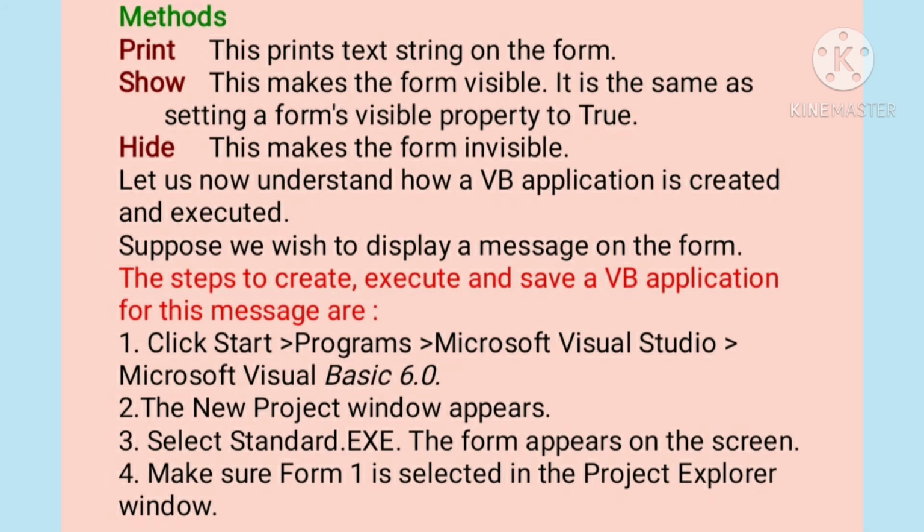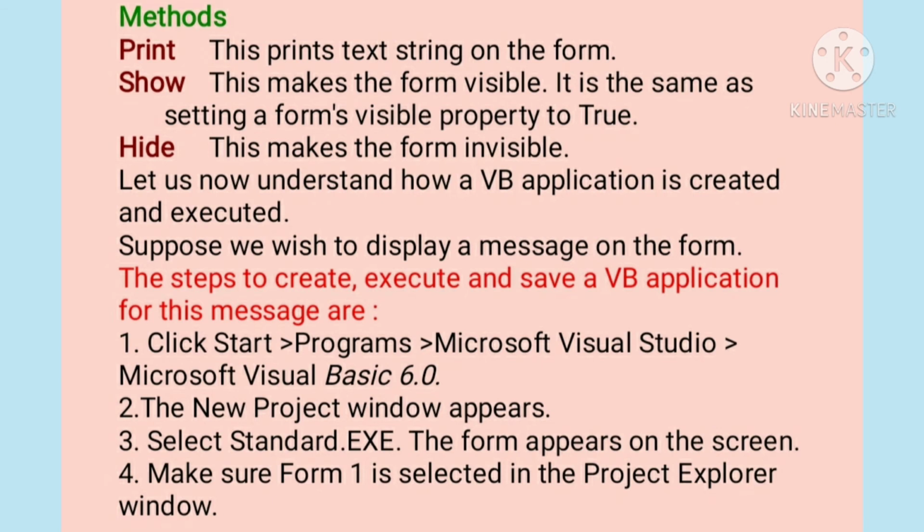Let's now learn how a VB application is created and executed. We want to display a message on the form. The steps to create, execute and save a VB application for this message are: for this, we will have to start Visual Basic as we learned before.